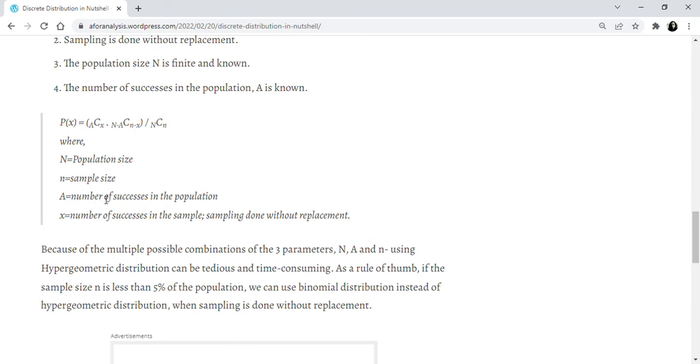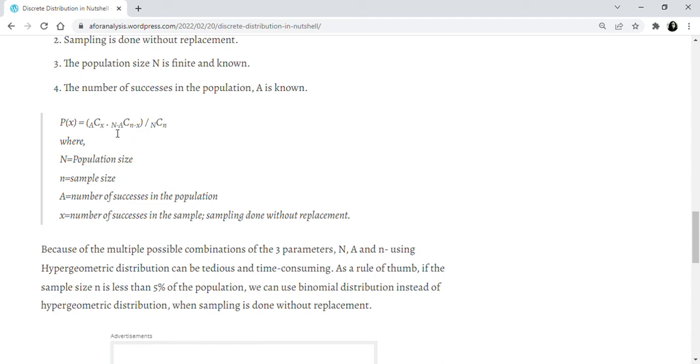Out of all the successes in the population, how many combinations of x are possible, times, out of the rest, meaning capital N minus capital A, the total population size minus the total number of successes, so we are taking just the number of failures, how many combinations of n minus x are possible. So n minus x is in the sample.